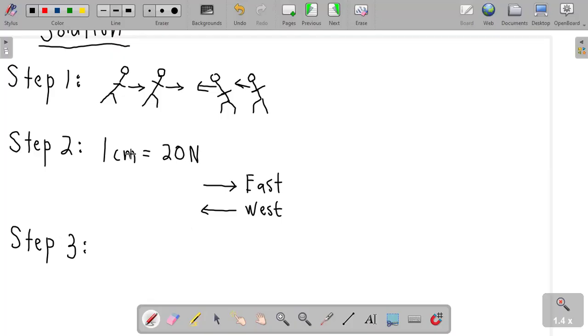If 1 centimeter is 20, it means F1 is going to be 3 centimeters long, isn't it?